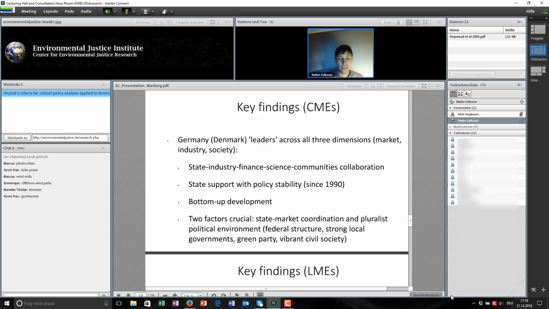And what we basically came up with is that Germany, but we also look at Denmark, as the examples of coordinated market economies, are leaders across all these three dimensions which we looked at.